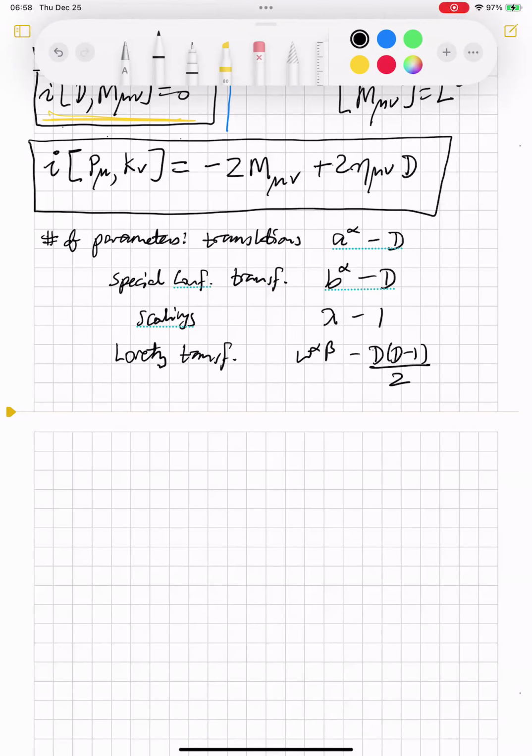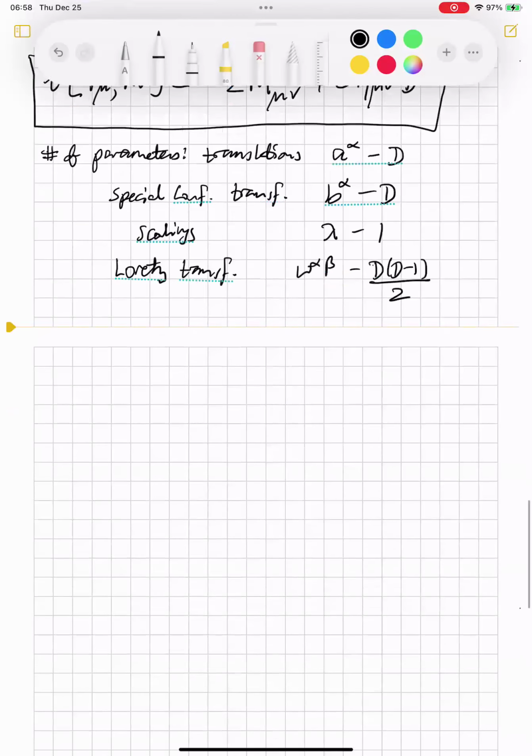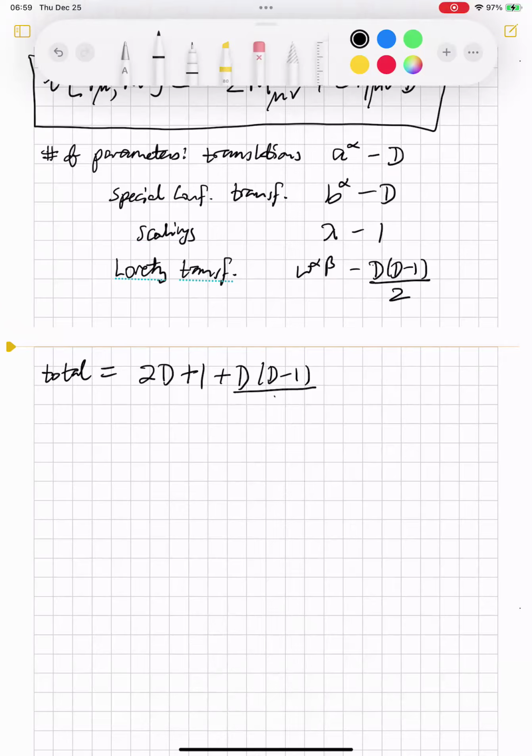So let's now work out the total number of parameters in the conformal group. The total is d plus d, that's 2d, plus 1, plus d times d minus 1 over 2. Let's put everything over 2. So d times d, that's d squared, minus d.